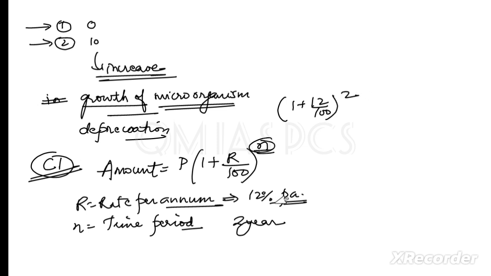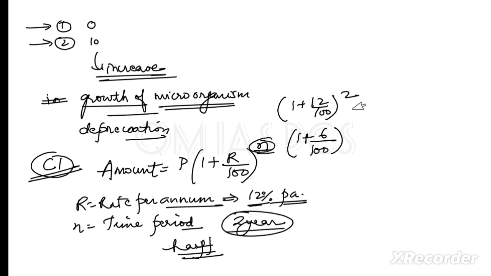But if it is given that we have to calculate half yearly, then the rate will be half of this, because this is yearly. That means 1 plus 12 by 2, which is 6, so 6 by 100. And in 2 years, how many half years are there? It will be 4. So like that you have to consider.